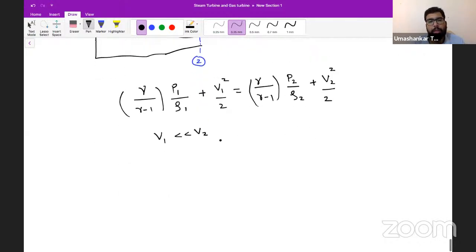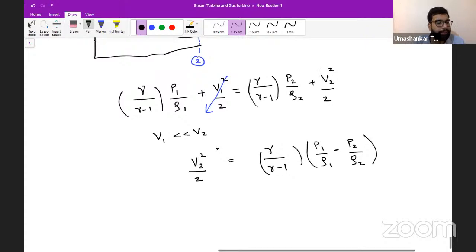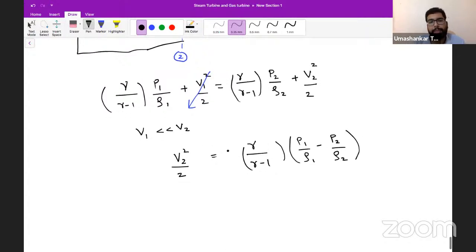So now we can just neglect it, and we can write our relation like V2 square by 2 is equal to gamma upon gamma minus 1, (P1 by rho 1 minus P2 by rho 2). Is that true or not? Yes or no? Tell me.